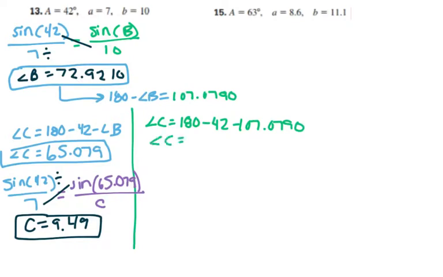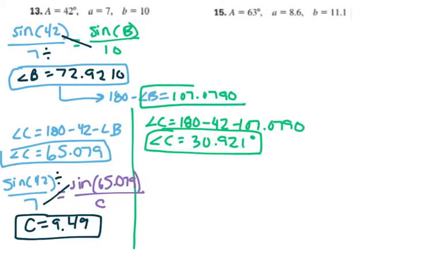Sweet, so angle C is going to be 30.921 degrees, yay. And so then we have that, and angle B, and now we need to set up our proportion.